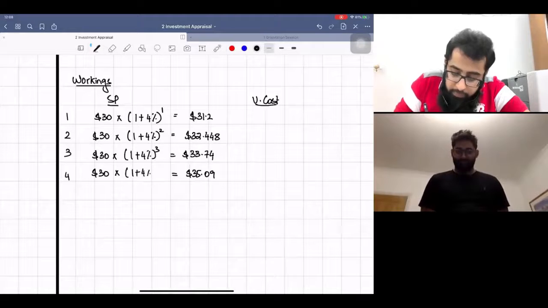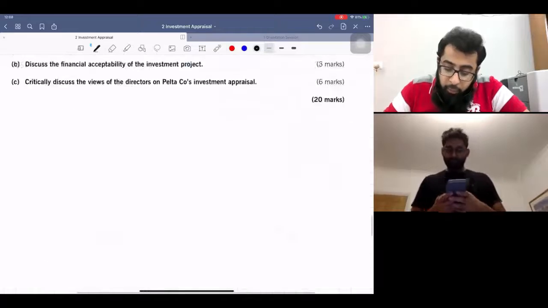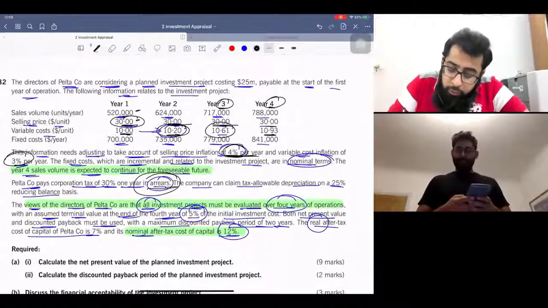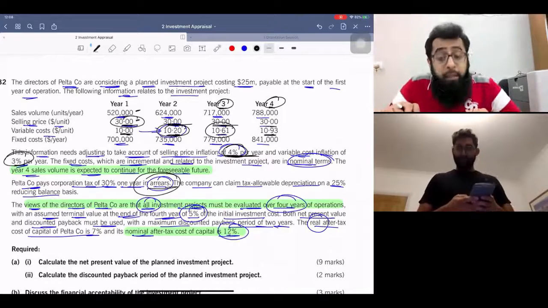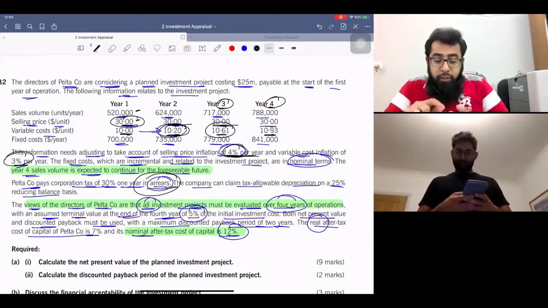1 plus 4% power 4. Okay, now if I talk about variable cost: 10, 10.20, 10.61, and 10.93. So each year the variable cost amount is changing.